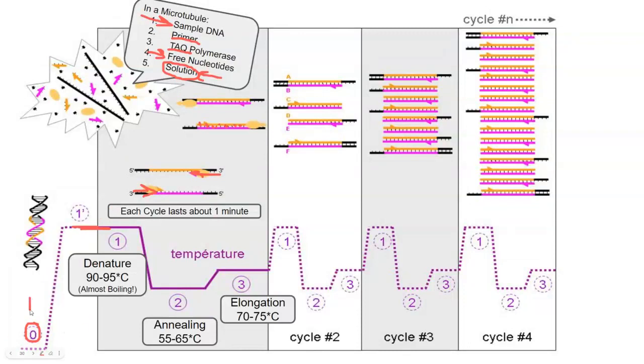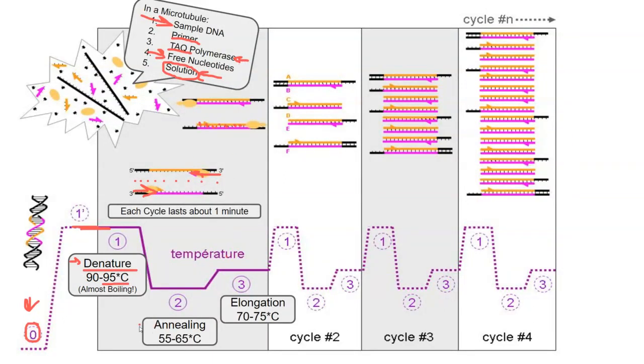So after we load our tray, which happens at step 0, we go through step 1. Step 1 is called denaturing. During denaturing, we are raising the temperature to about 95 degrees Celsius, nearly boiling. And this will cause the hydrogen bonds between the two strands of DNA to separate. That's why we call it denaturing. Now, we don't want to denature our enzyme, which is why we use special Taq polymerase.